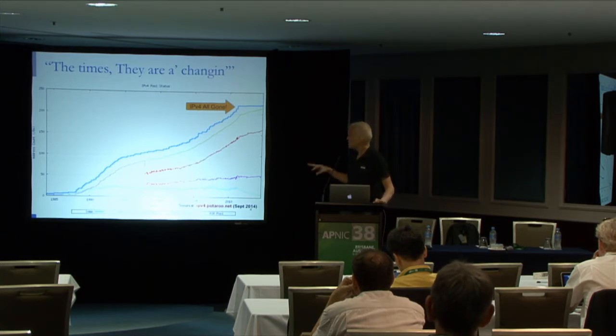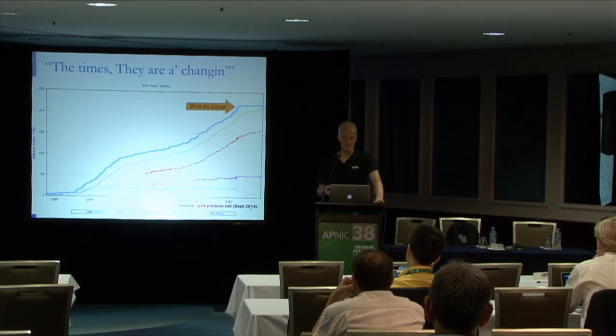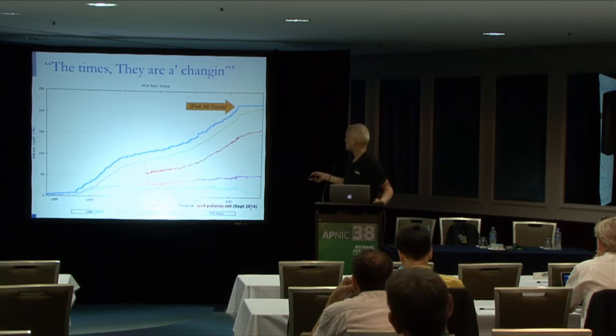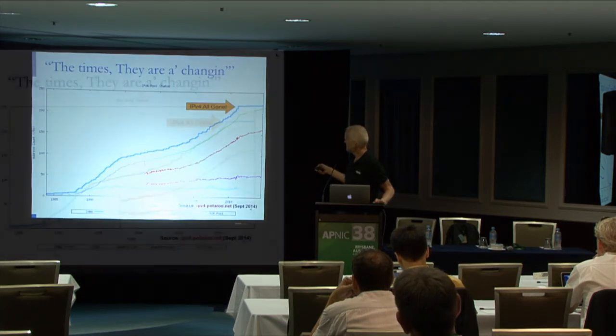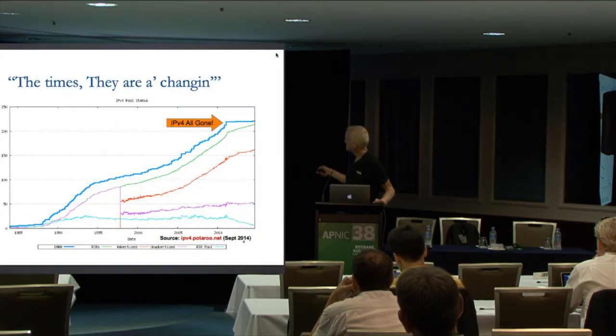The graph also shows other matters, like how much of the address space that's been delegated is actually visible in the internet routing system. You can see that the number advertised, the red line, has slowed down since the V4 point ran out. It started tailing off, but the number is increasing.